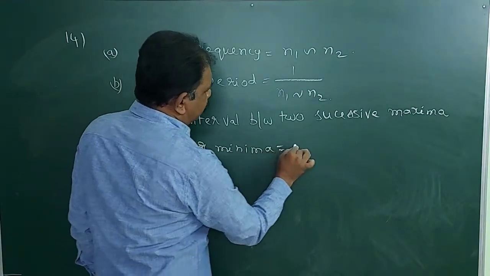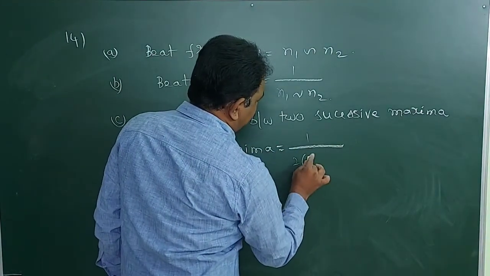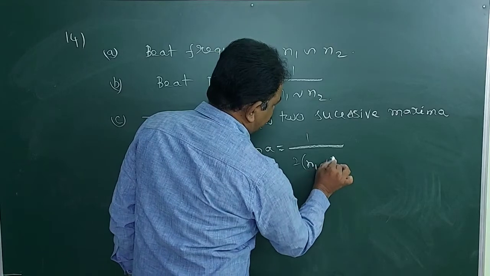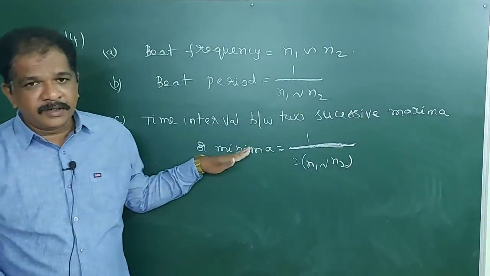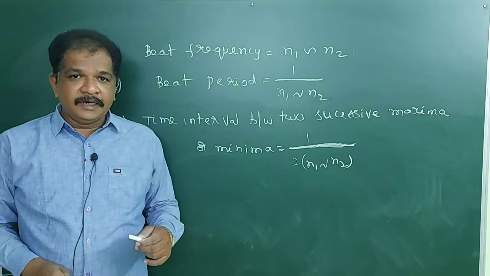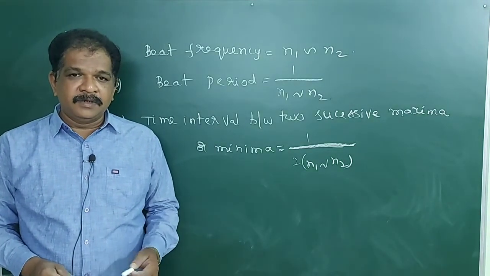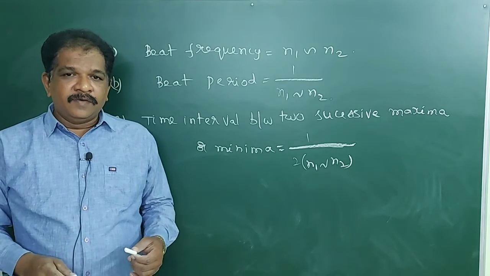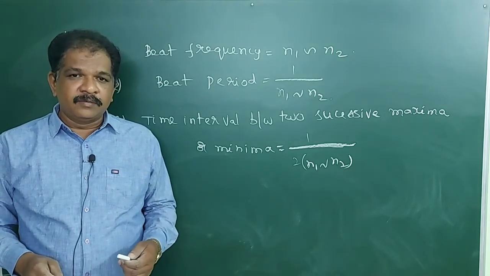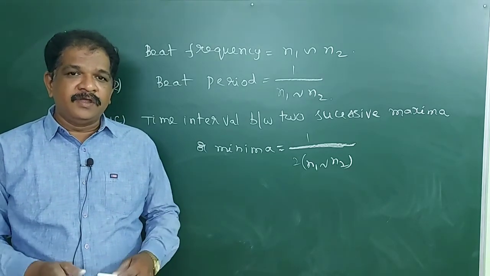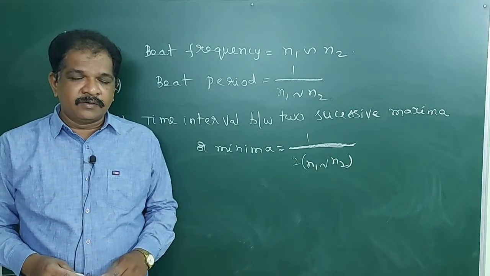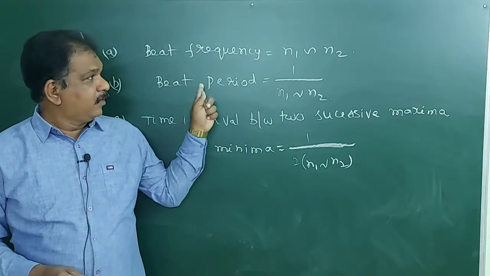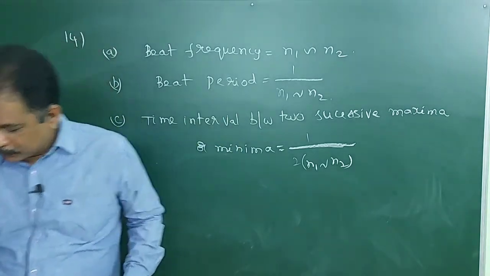They will ask 1 by 2 into N1 difference N2. These are the formulas they will ask relating to beats. Beats means what? When two sound waves are moving in the same direction and they superimpose, waxing and waning of sound will happen. That will be called the beats.